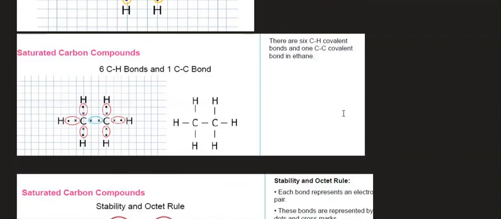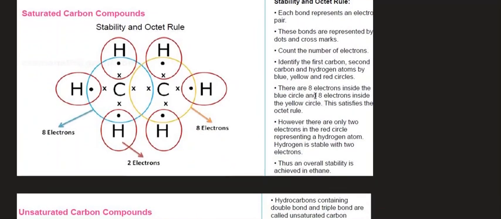So you just look at it. Here we have shown the C-H bonds in a red oval shape, and here the C-C bond in the blue or green circle. Okay, and as we already mentioned, each carbon has achieved an 8 electron system.